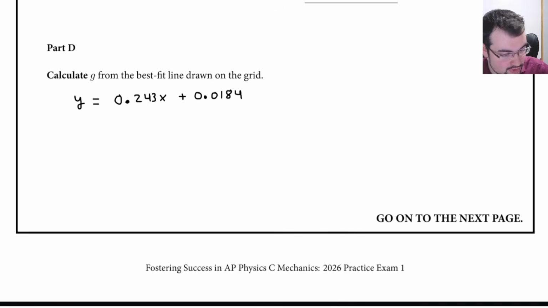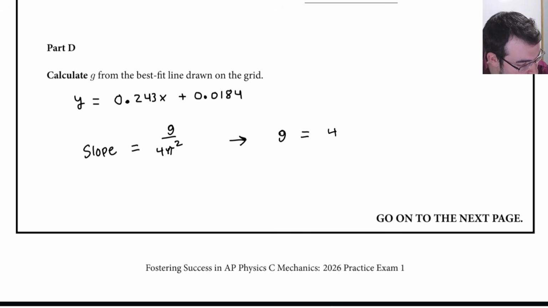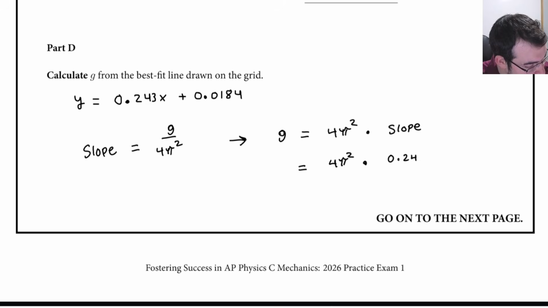So we can say that the slope is equal to G divided by 4 pi squared, which means that G is equal to 4 pi squared times the slope, which is 4 pi squared times 0.243, which is equal to 9.59 meters per second squared.